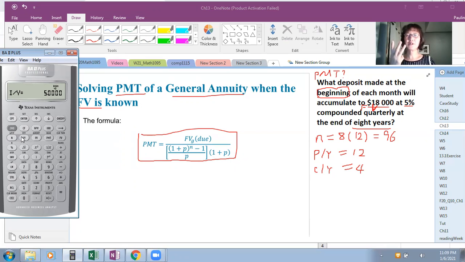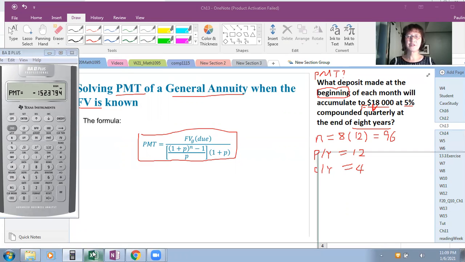You entered 3 numbers so far. So don't forget 0 is PV as a precaution to clear any previous entries. Last step, compute PMT. Okay, you have $152.38. Okay, so that is the calculator method.